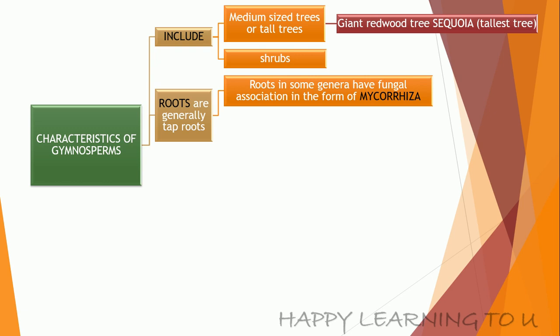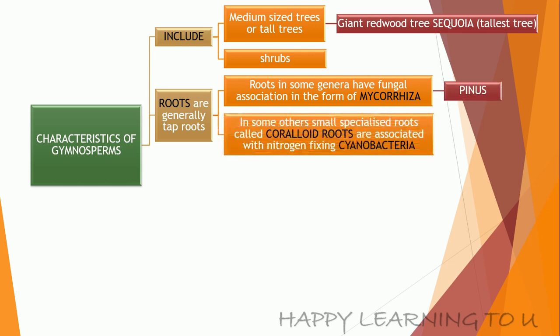In some genera, the roots have fungal associations in the form of mycorrhiza, for example Pinus, and in some others, small specialized roots called coralloid roots are associated with nitrogen-fixing cyanobacteria. I'll explain these two characteristics in my upcoming slides. An example of this is Cycas.